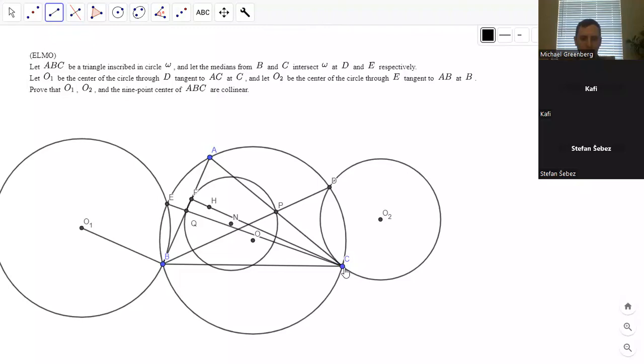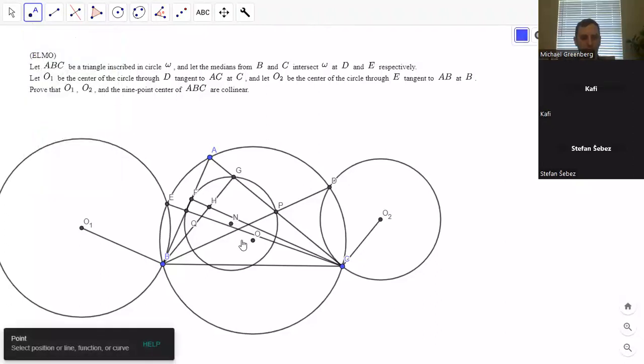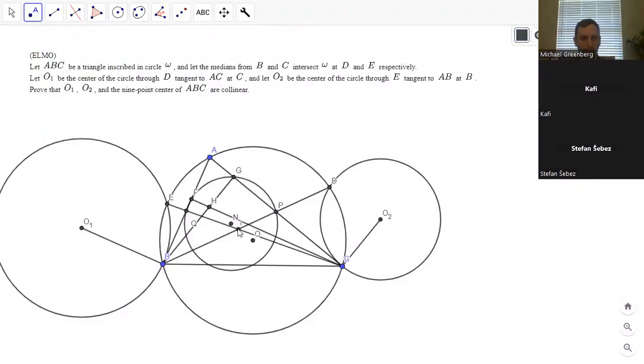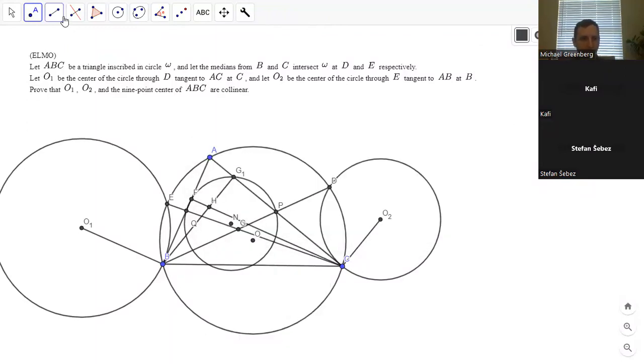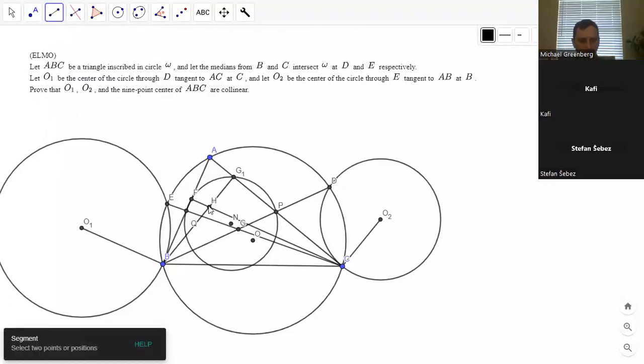And then this is perpendicular, and so is this. So we have another set of parallel lines. I wonder if this point... Oh, and the centroid lies on OH, right? So this is gonna also call it G. These are all collinear.